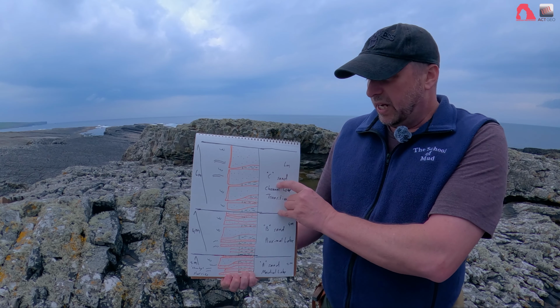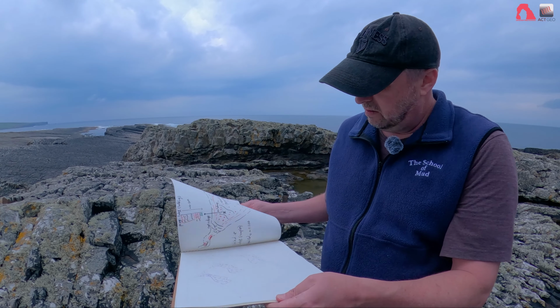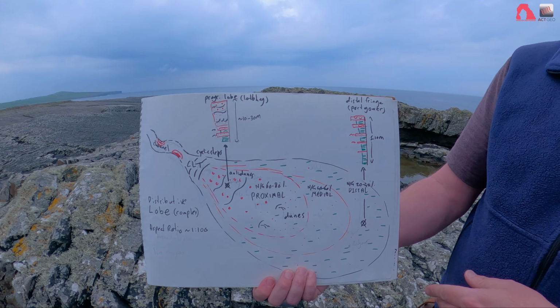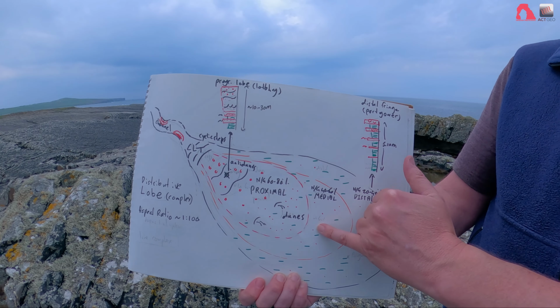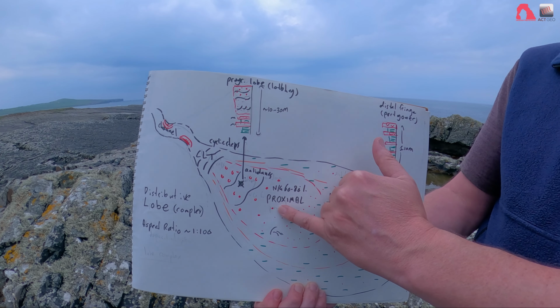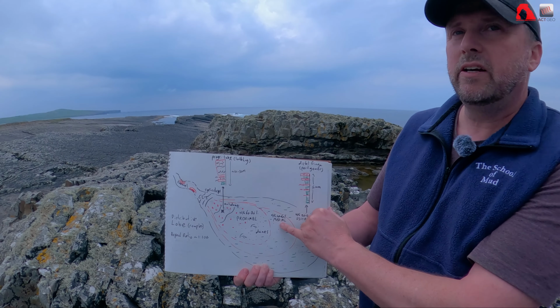So basically, where we're standing here, kind of going back to this diagram, this was from a previous video we did. Initially we're standing probably more in a medial position of the lobe in the first bench, getting to a more proximal position on the second bench, and ultimately in the channel-lobe transition in the third bench.